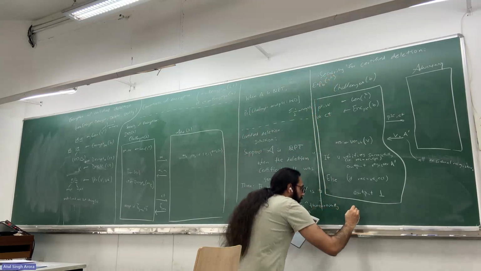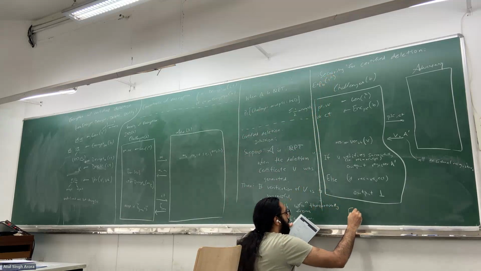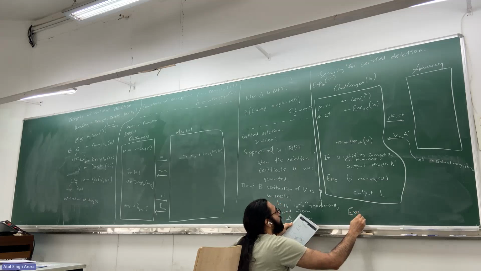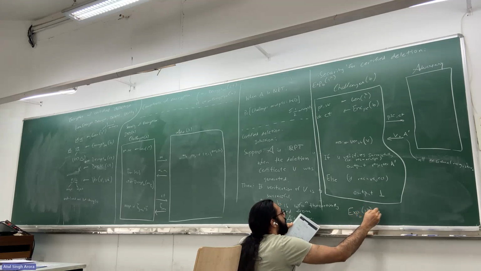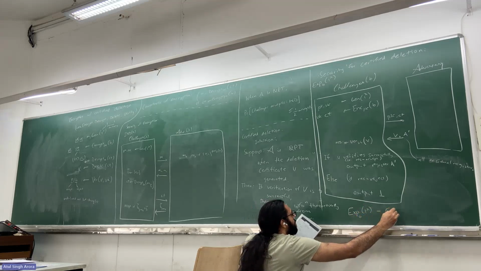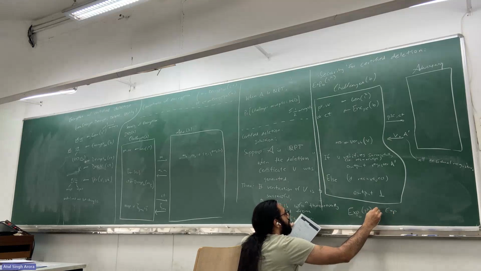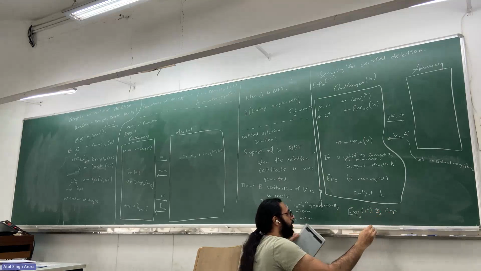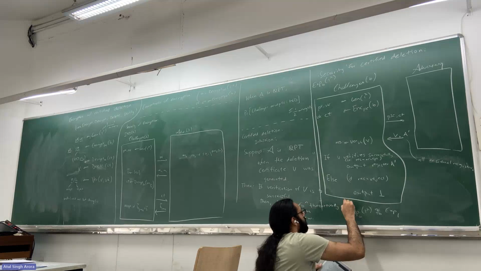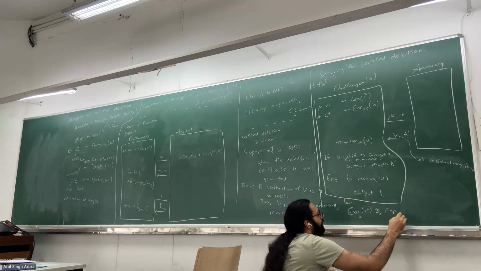The requirement is that experiment 0, 1 to the lambda minus experiment 1, 1 to the lambda, is less than the trace distance.